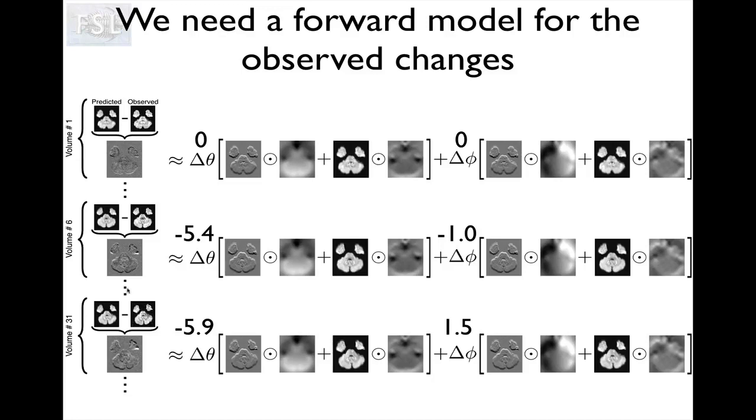So we set up a model where the observed differences, after we have corrected for everything else, can be explained by the rate of change per degree rotation, which is this, multiplied by the estimated degrees of rotation. And this is for the x rotation, and this is for the y rotation.